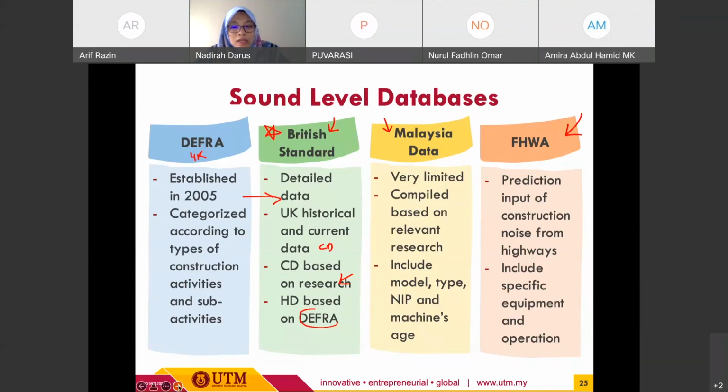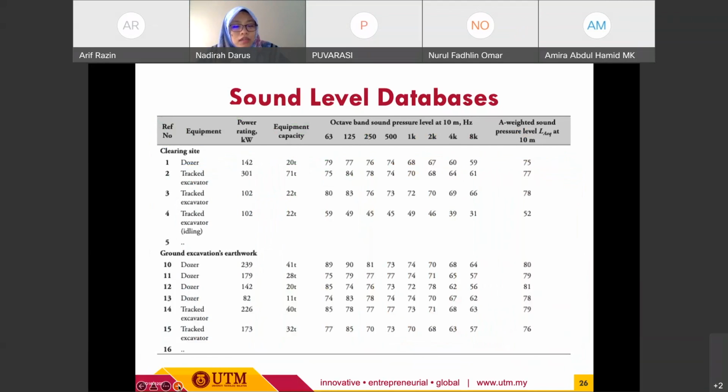Alright. The next one we have this. This actually the example. The example extracted from BS. Okay, BS punya data quite comprehensive. Dia dah list out each of the related equipment. Okay, sini based on the construction activities punya stages, clearing site, ground excavation and works. So they dah list all the required instrument with the power rating and its capacity.